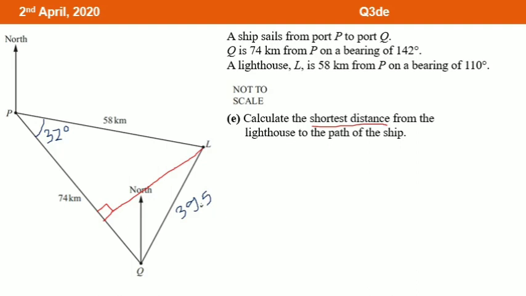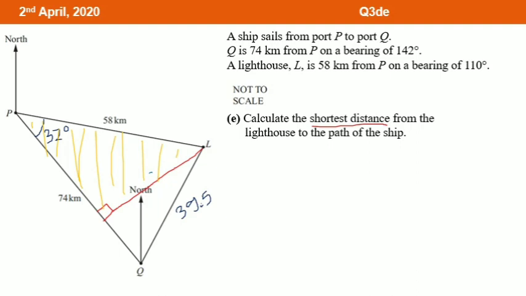So now let us count. This is a triangle, so we can label it using opposite, hypotenuse and everything, right? So let us find what is the opposite in here. This is the angle 32, right? So the opposite is this one. I can label it as O. This is the 32 and this is the PL, opposite to the right angle, will be the hypotenuse, and then the other one will be the adjacent, right?